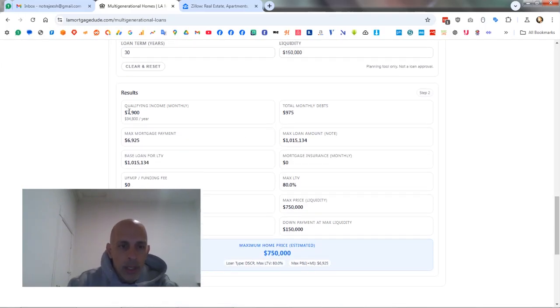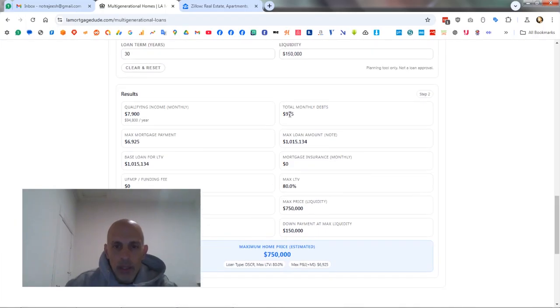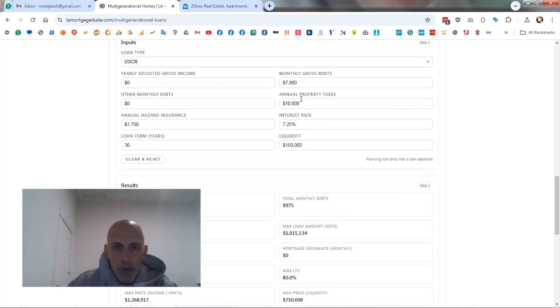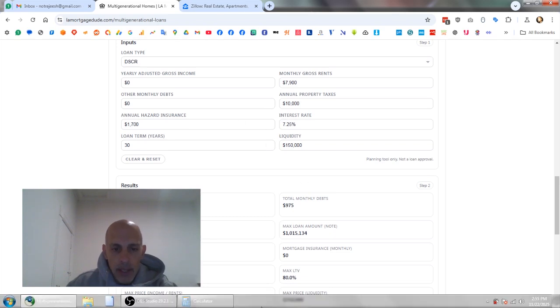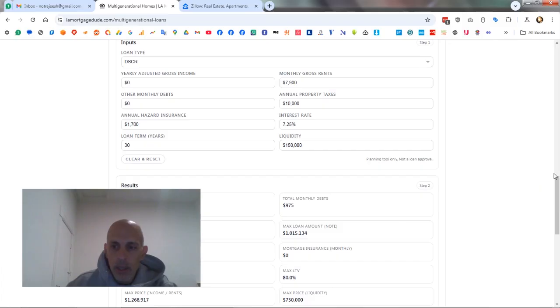So what we can see here, the qualifying income is $7,900 a month. Your total monthly debts are $975 based on property taxes and annual hazard insurance. So we can do the math here: 1,700 plus 10,000 divided by 12. You're looking at $975 a month.